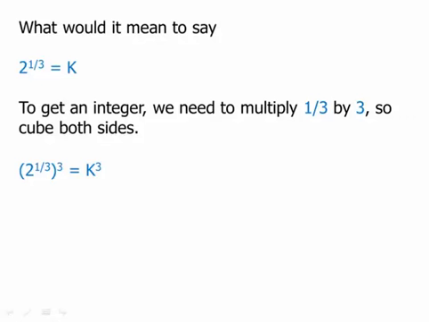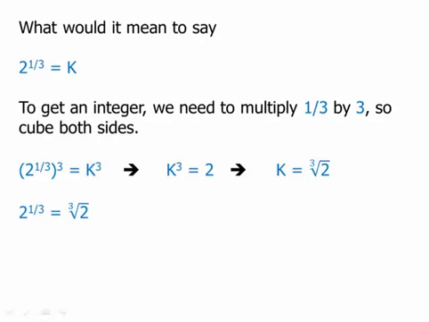The left side, 2 to the 1/3 to the 3. The 1/3 and the 3 get multiplied, and that equals 1, so it's 2 to the 1, or ordinary 2. So k cubed equals 2. We can take the cube root of both sides. k equals the cube root of 2. So in other words, 2 to the 1/3 equals the cube root of 2.